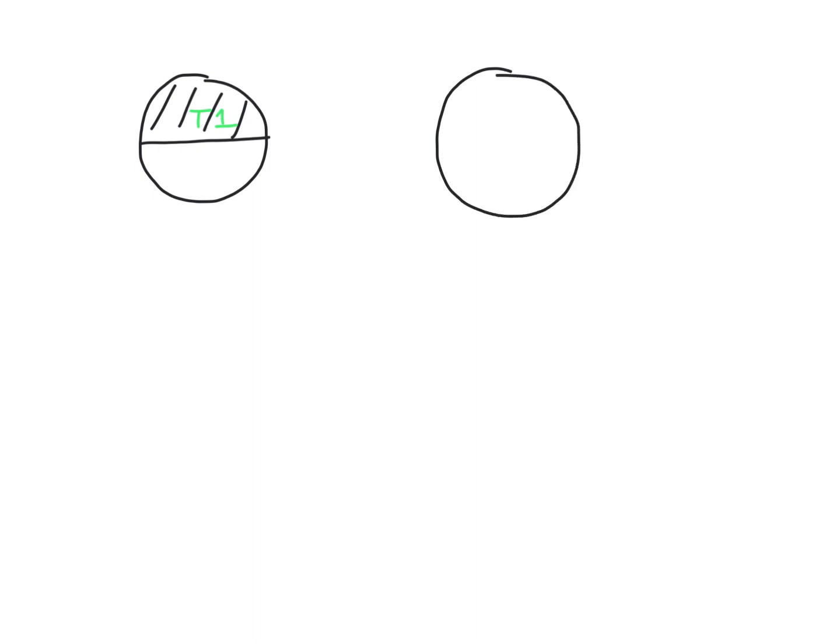All right, so let's work with this now. So we cut it in half, right? And we put the first topping in the first half. So T1. All right, great. So far, so good. And then we have to cut it again at some angle.